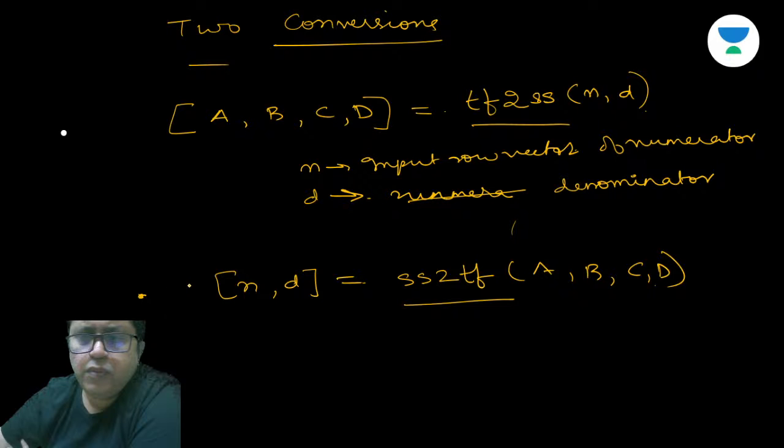Okay. There is a third command, N, D is equal to ss2tf(A, B, C, D, 1).